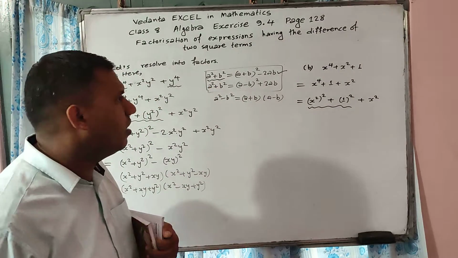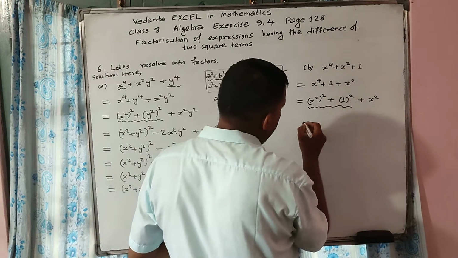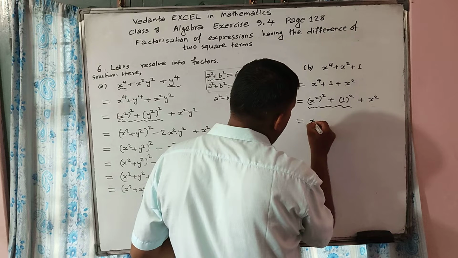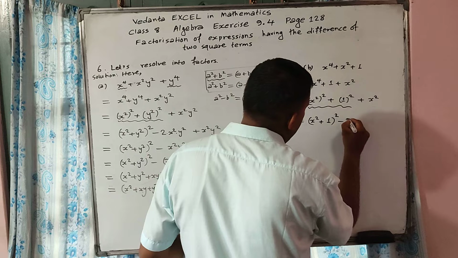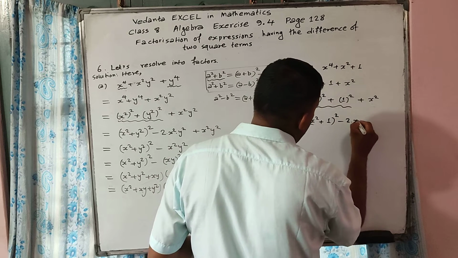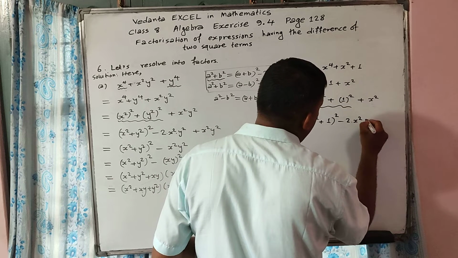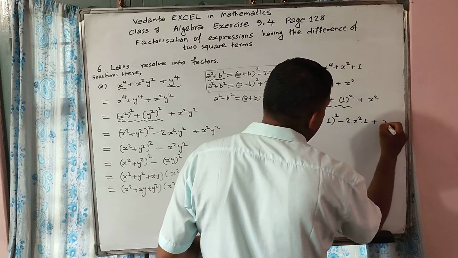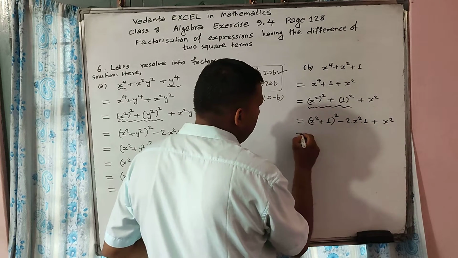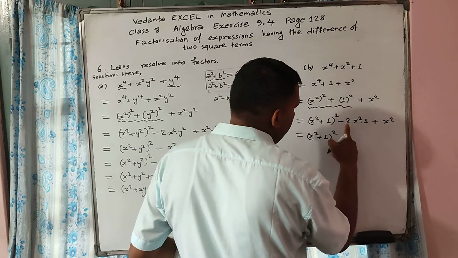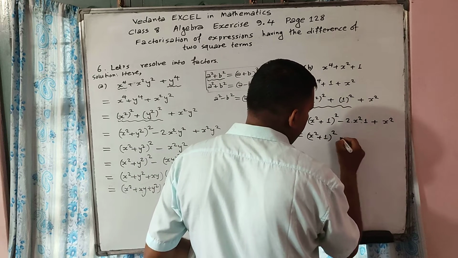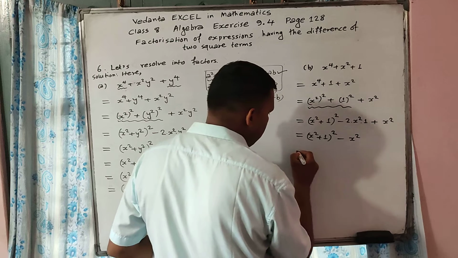Now we can use formula a plus b whole square minus 2ab. So here a is x square, b is 1, x whole square minus 2 dot a x square b 1 plus remaining term x square is equal to x square plus 1 whole square minus 2x square plus x square, remaining minus x square.